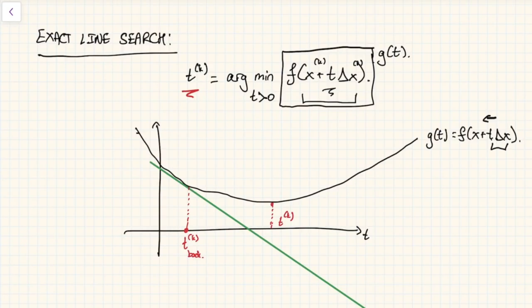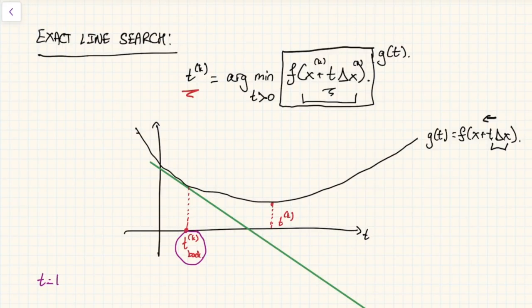So how does backtracking work? It doesn't need a discretization grid. You don't need to generate g at each iteration. You don't need to generate different points of g to find the minimum. Instead, what backtracking does is it starts at g, okay? So you start right here. What I mean by start right here is that you first choose your t to be 1 in an attempt of finding tk back.